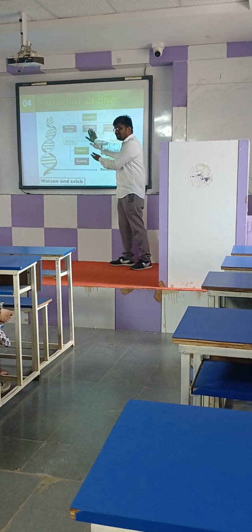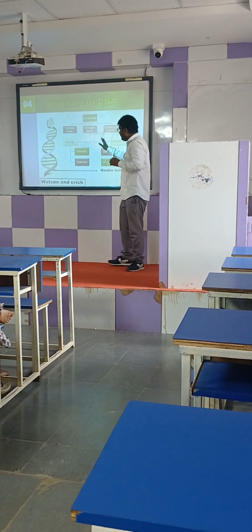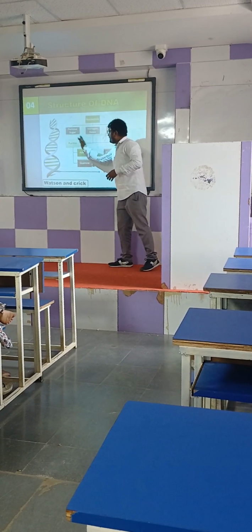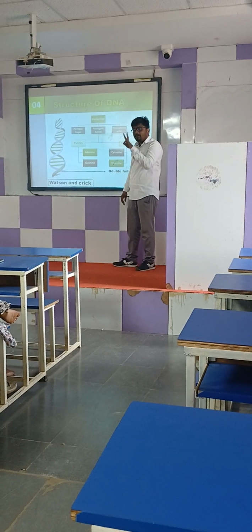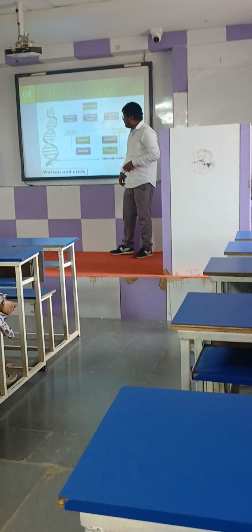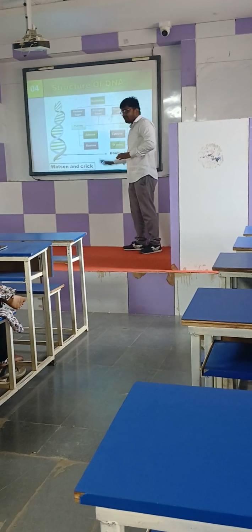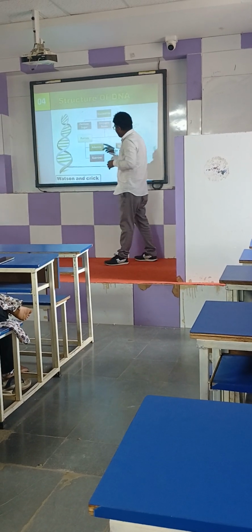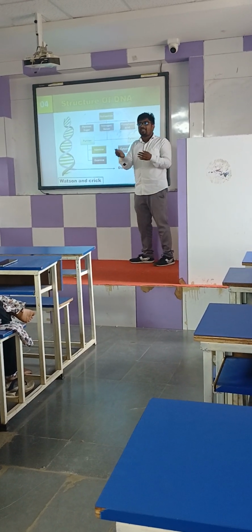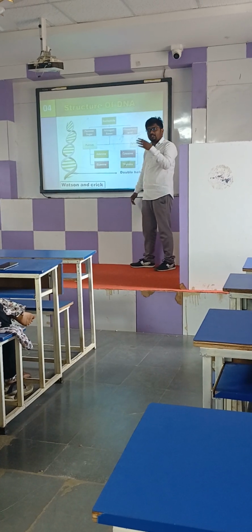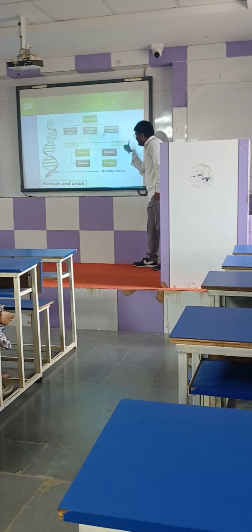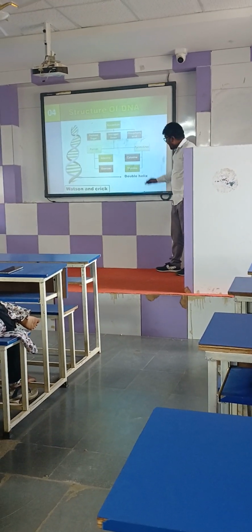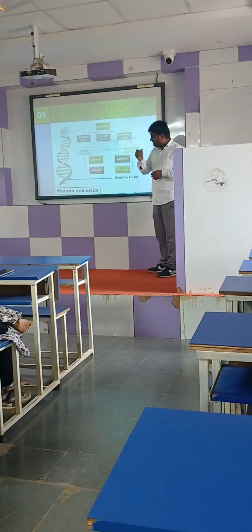There are two types of nitrogen bases: purines and pyrimidines. The purines are adenine and guanine. Adenine is indicated by capital A and guanine by capital G. The pyrimidines are cytosine and thymine. Cytosine is indicated by capital C and thymine by capital T.